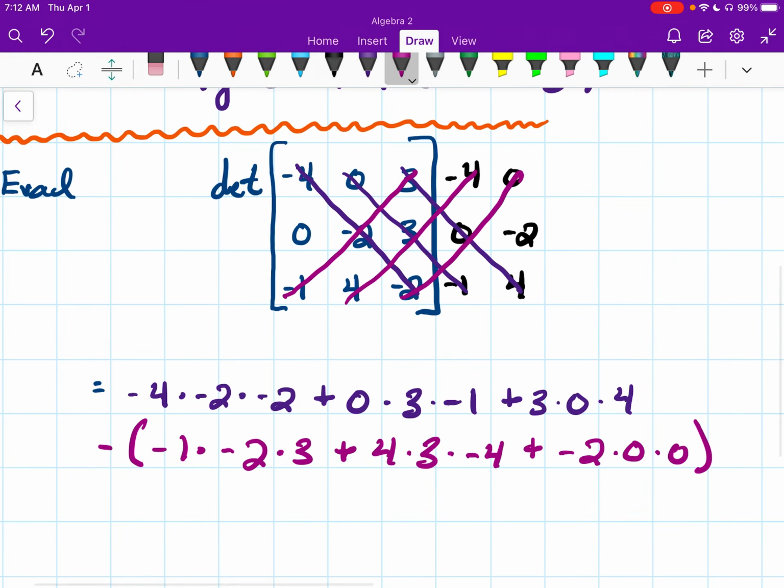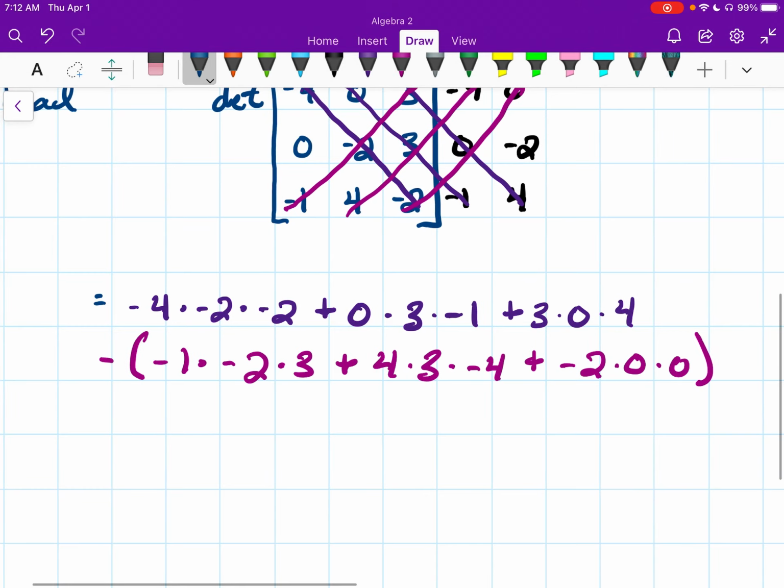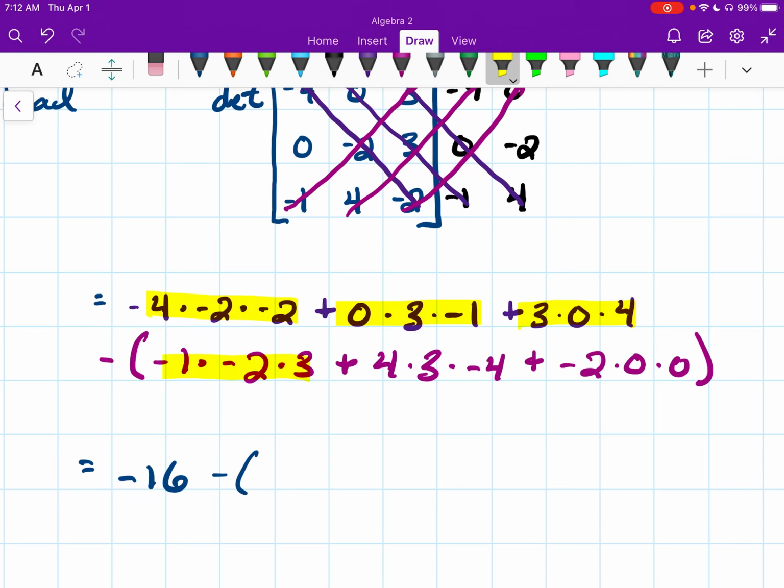And the rest of this is just simplifying. We'll have -4, -2, and -2. That'll be a +8, and then go to a -16. That one goes to 0. That one goes to 0. Then we'll have minus parenthesis. This will turn into a +6.